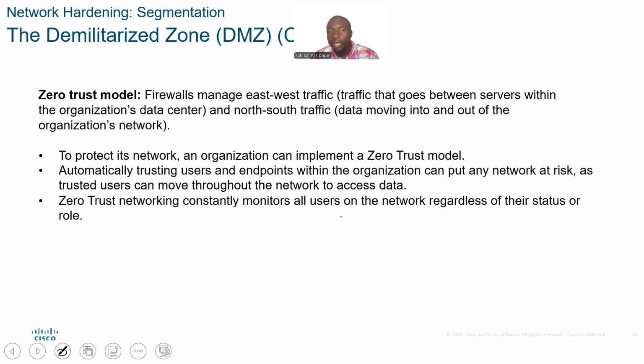That's north-south. When you say east-west, you are talking about intranet activities. So we have internet activities and then intranet. So to protect its network, an organization can implement a zero trust model, because automatically trusting users and endpoints within the organization can put many networks at risk, as trusted users can move throughout the network to access data.